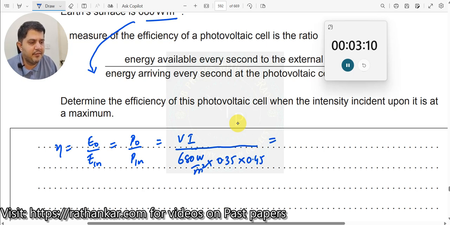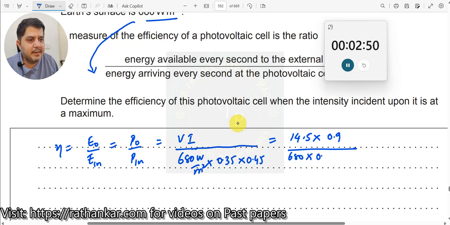Similarly, for this also I need to substitute. What is the value of V? Should I take EMF or the terminal potential difference? It said about this cell. Okay, so it should be terminal potential difference, not EMF. So this should be 14.5 multiplied by the current, 0.9 amperes, divided by 680 multiplied by 0.35 multiplied by 0.45. Let us calculate this value.